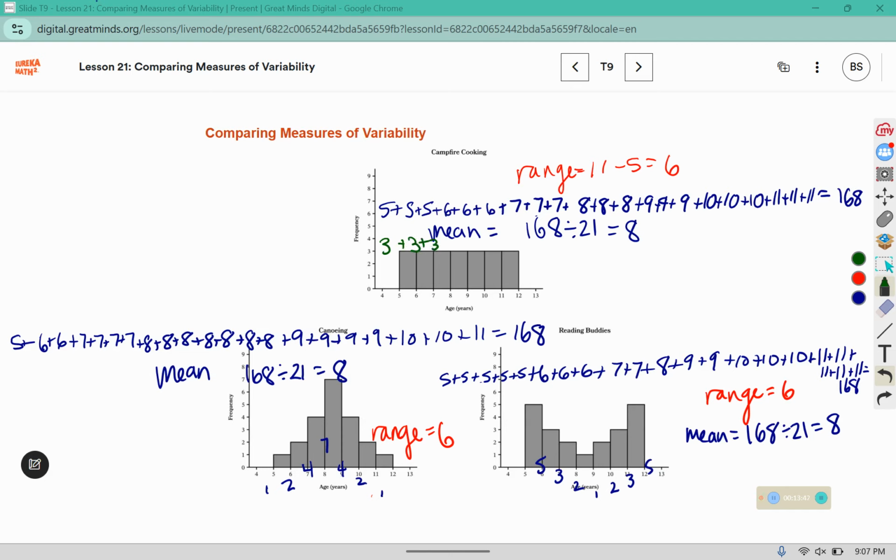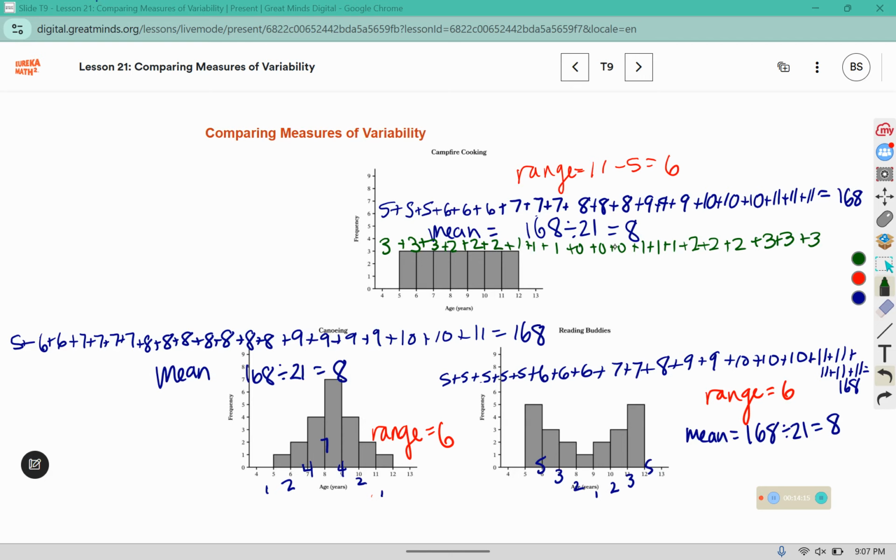From 6 to 8, that is a difference of 2. From 7 to 8, that's a difference of 1. From 8 to 8, that's a difference of 0. To get from 9 to 8, that's 1 away. From 10 to 8 is 2 away. And from 11 to 8, that is 3 away.